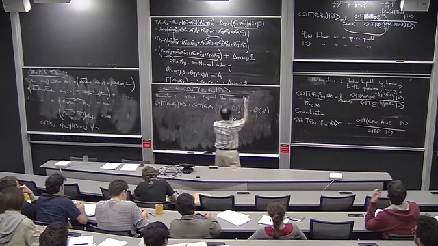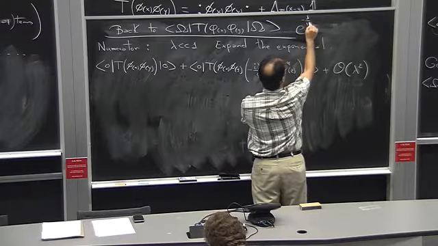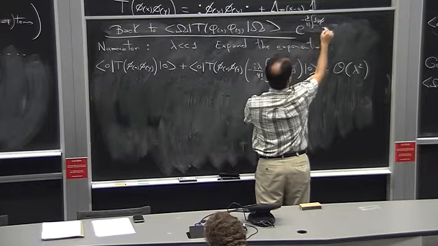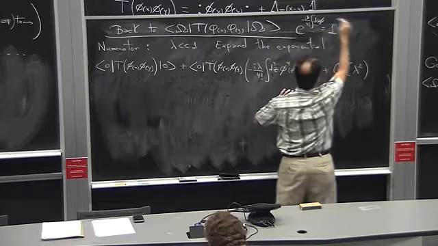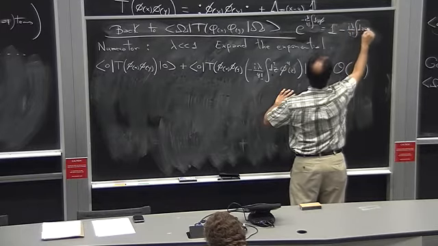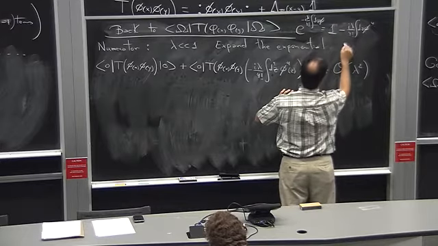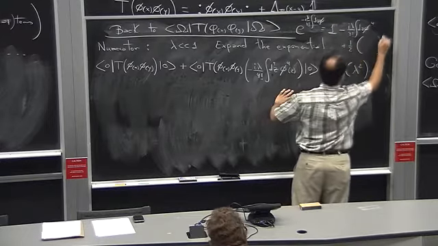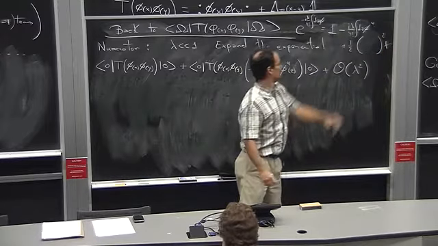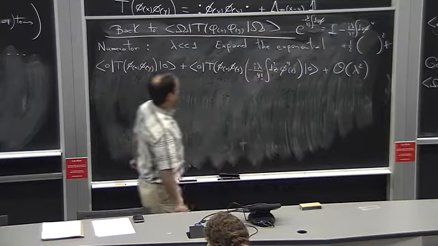So let's just say that we have the exponential there, and we're writing it as 1 minus i lambda over 4 factorial, and then there will be the next term. We're only keeping the 1 and this guy. The 1 gives rise to this, and the other one gives rise to this.